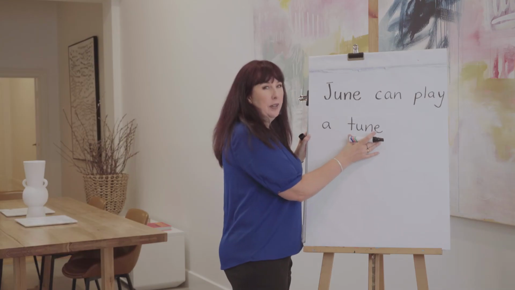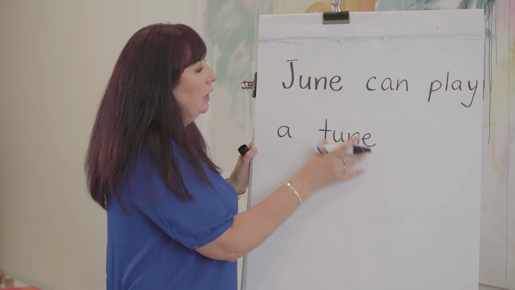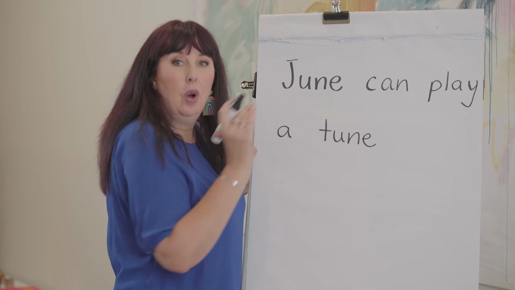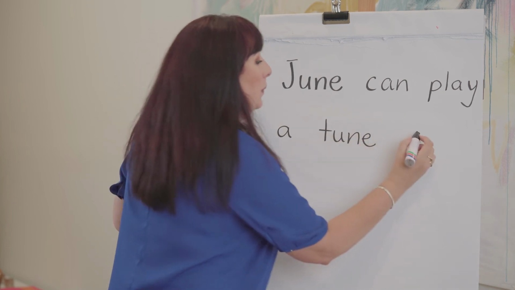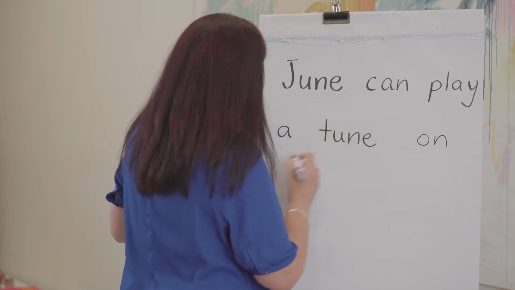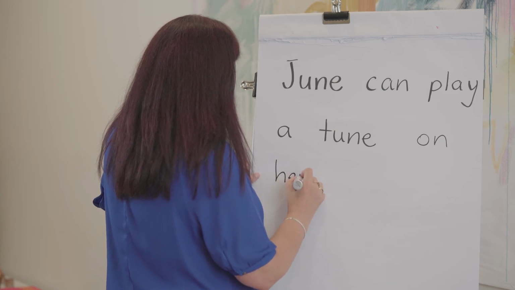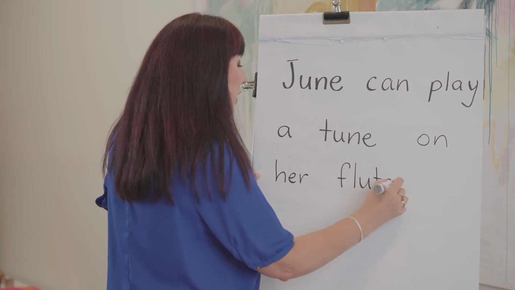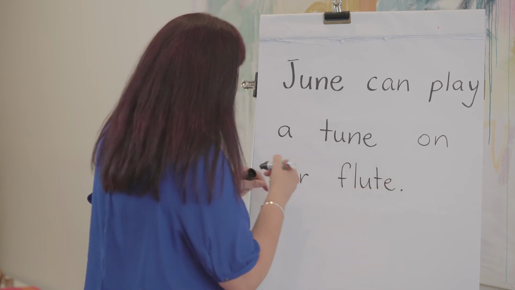You copy mine. That's a tricky word. I'll come back to it in a minute. June can play a tune on her flute. On her flute. Full stop at the end of a sentence.